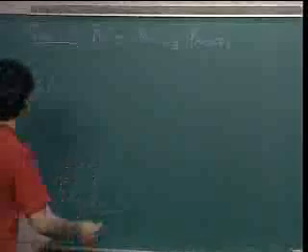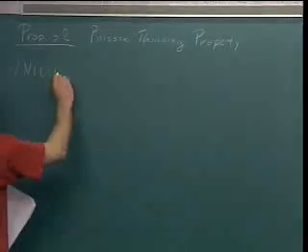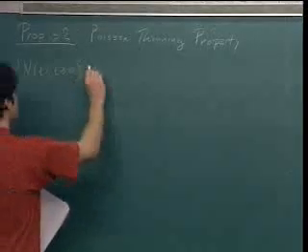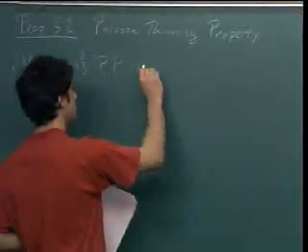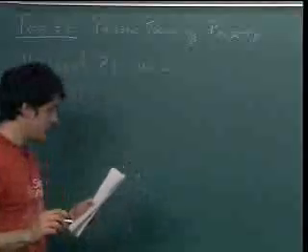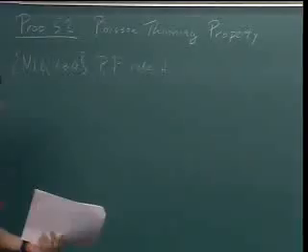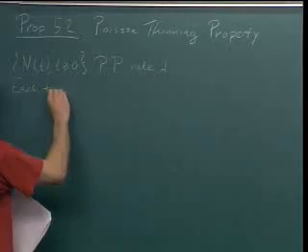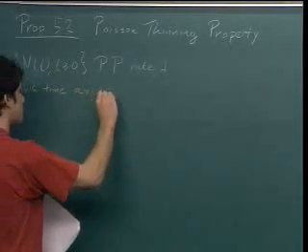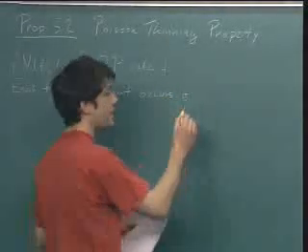And so basically the setup is the following. You have a Poisson process with some rate, say the rate is lambda. And you have events that occur according to this process. But now, each time an event occurs, it is classified as being of a certain type.